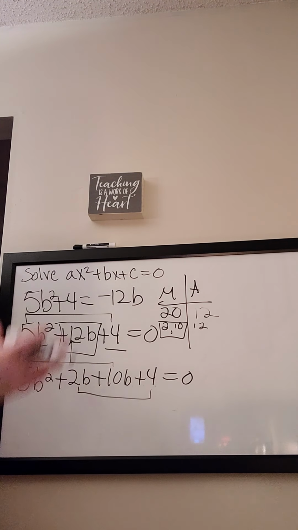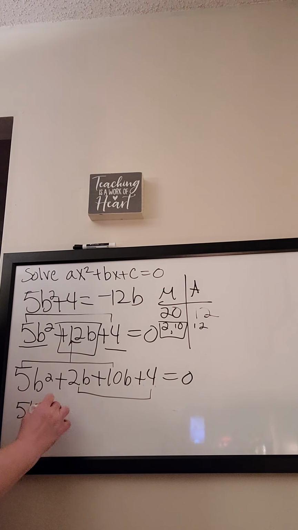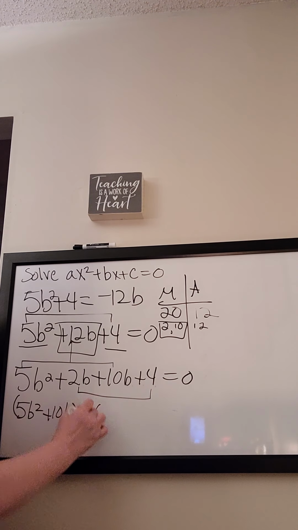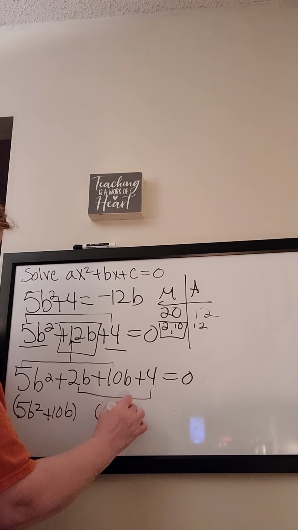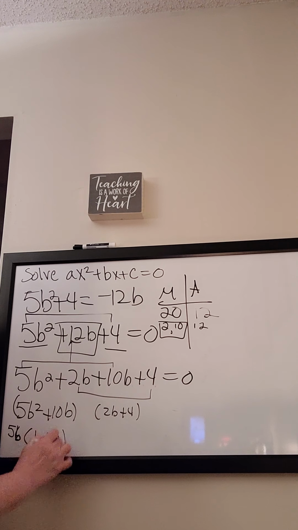There are multiple ways to do it, but I like to do it the easiest way, looking for things they have in common. So I'm going to rewrite that as 5b squared plus 10b and 2b plus 4. Factoring out what these two have in common is 5b. So when I take 5b out, I'm left with b plus 2.